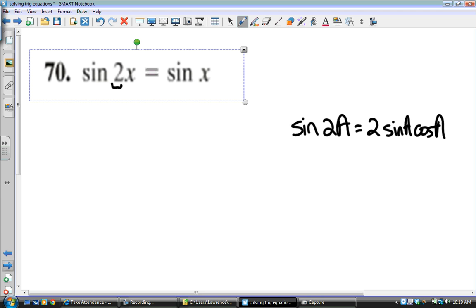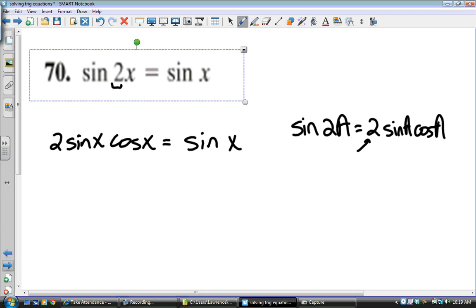So, now for sine 2x, I'm going to substitute this in. I can't obviously put a's, I'll have to put x's. So, for sine 2x, I can do 2 sine x cosine x. Now, we still have an issue here, and this one's a pretty difficult one to figure out. You still have sine and cosine in the problem, don't you?